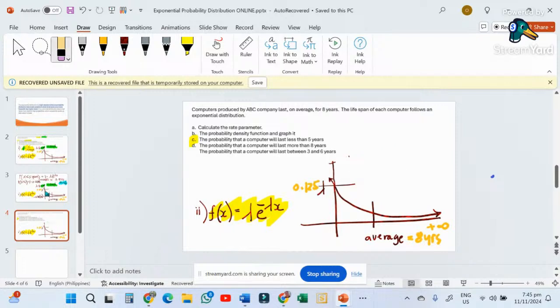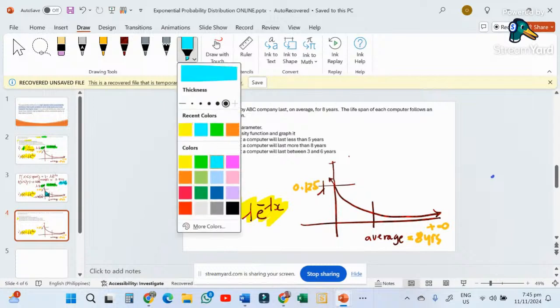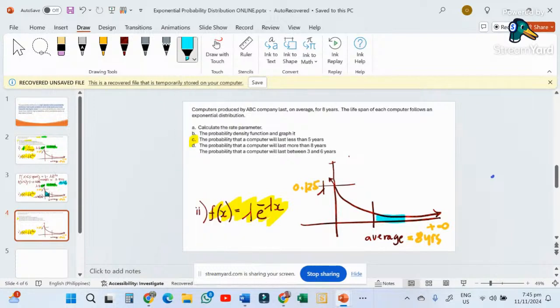So more than 8 years means we are interested in this part, because that is more than 8 years. More than 8 years does not need any 1 minus, so it will be just itself.